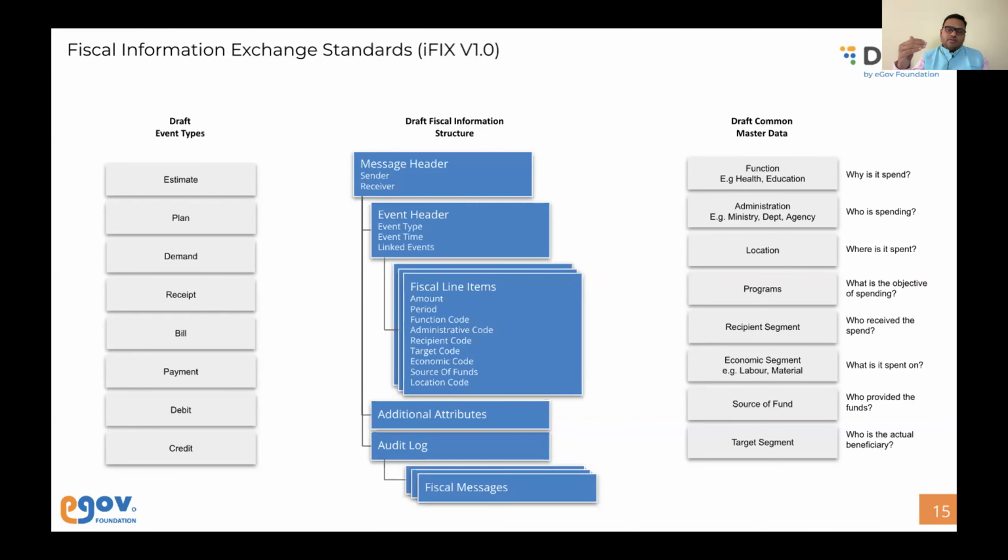So the ability to drill down and decouple different elements of your chart of accounts, to go from a hierarchical to a multi-dimensional chart of accounts, is possible when we have the iFix layer in between different systems.